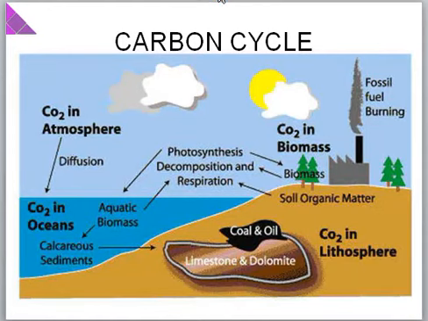The first cycle that we are going to tackle is the carbon cycle. Carbon cycle refers to the global movement of carbon between the abiotic environment and organisms. In the carbon cycle, the carbon is the pivotal molecule in the process.